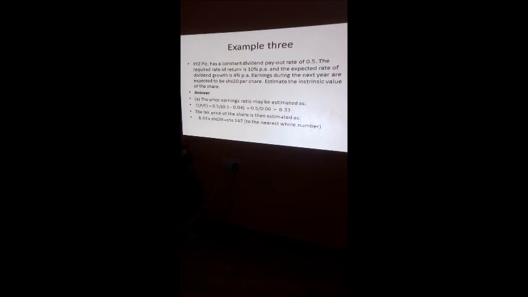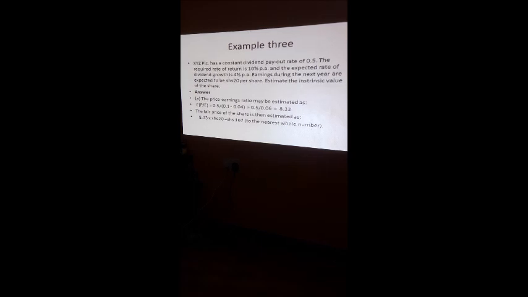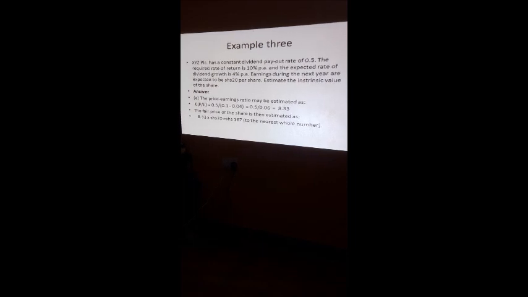The intrinsic value is obtained by multiplying the expected P/E ratio times the expected earnings per share. So if you multiply the expected P/E ratio of 8.33 by 20, which is the expected earnings per share, you will get the intrinsic value of approximately 167.